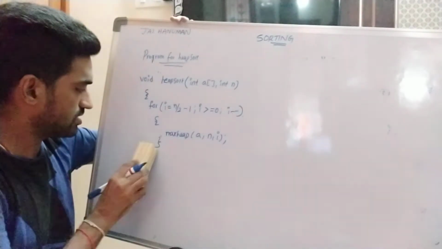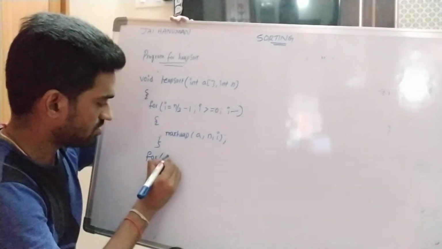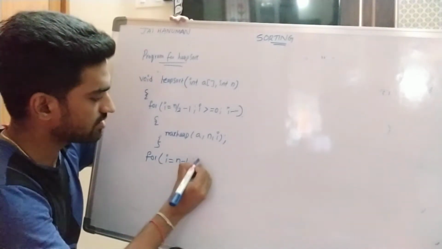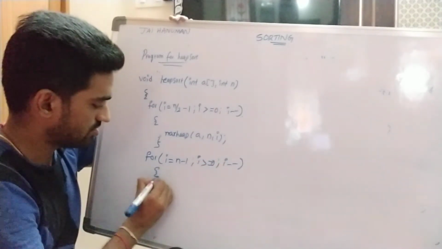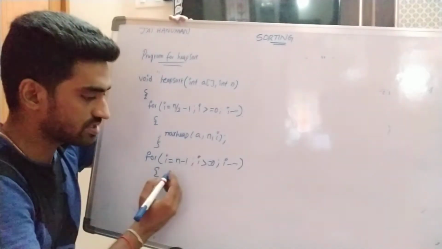Then we are checking one more loop, for i is equal to n minus 1, i greater than or equal to 0, i minus minus. Then we can swap a of i and a of 0, right?